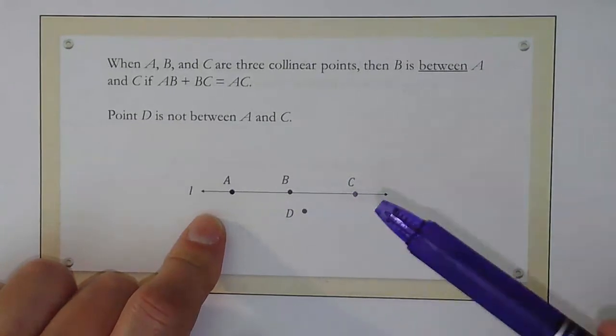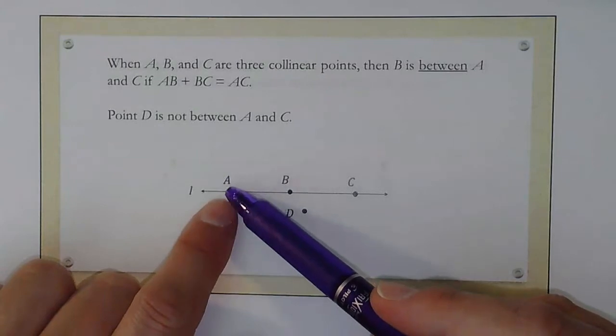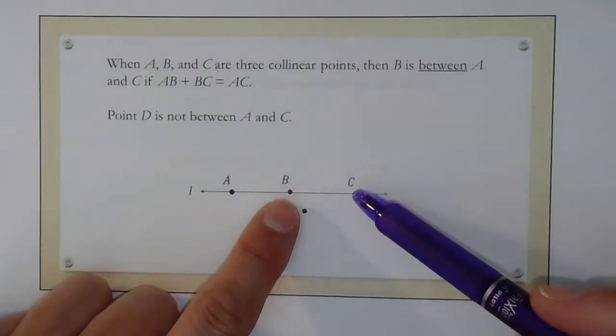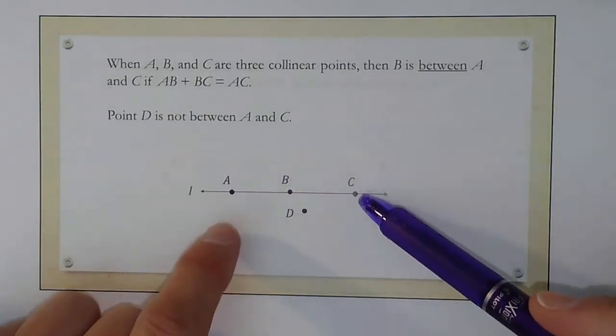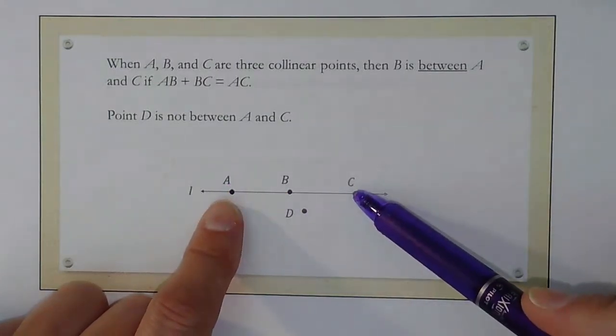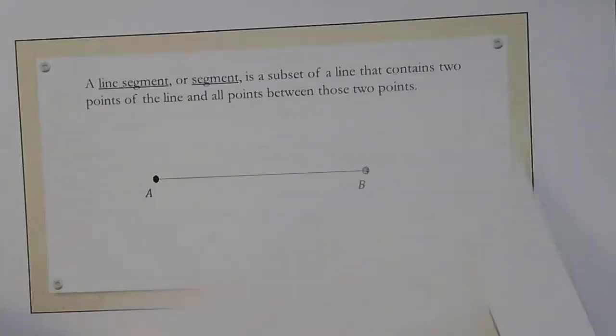Think about you go the distance from, say, Sherman to McKinney, and then you go from McKinney to Dallas, and you add up those distances. Well, you get the distance from Sherman to Dallas. That's what that's basically saying there, is the distances.